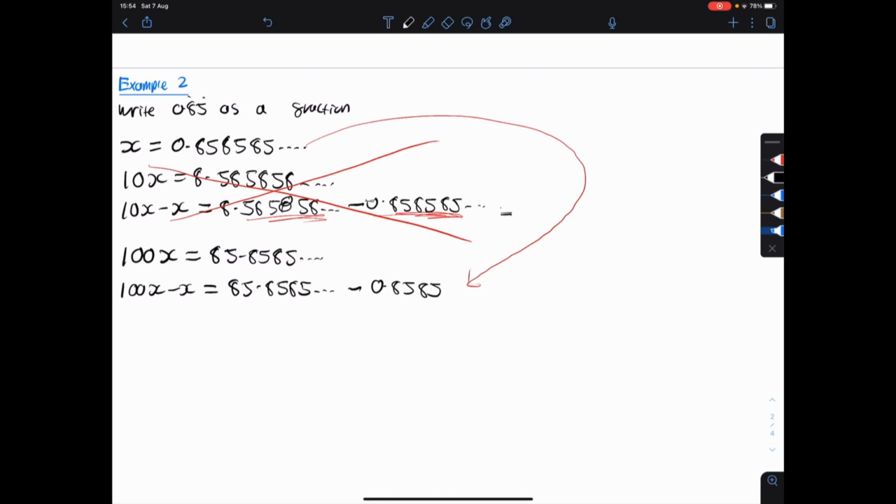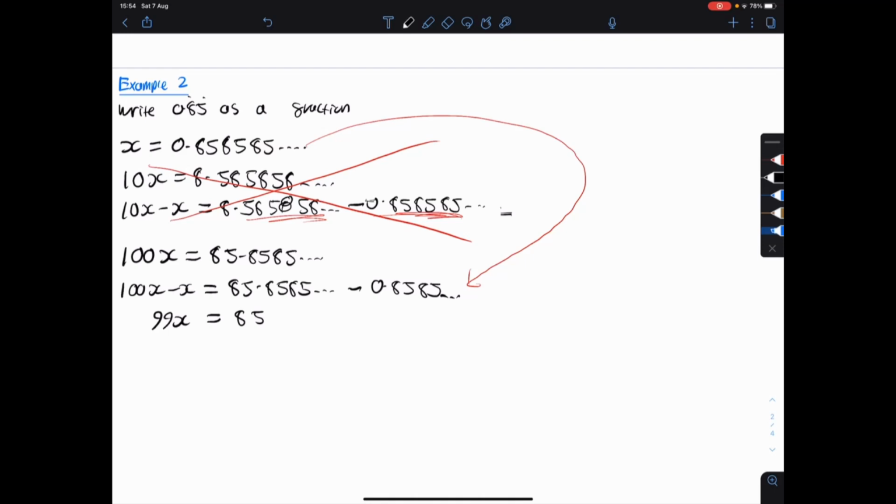So on the left hand side, we're just going to get 100x take x is 99x, and on the right hand side, 85.85 reoccurring take 0.85 reoccurring, we're going to get 85. Those decimals are going to cancel out.